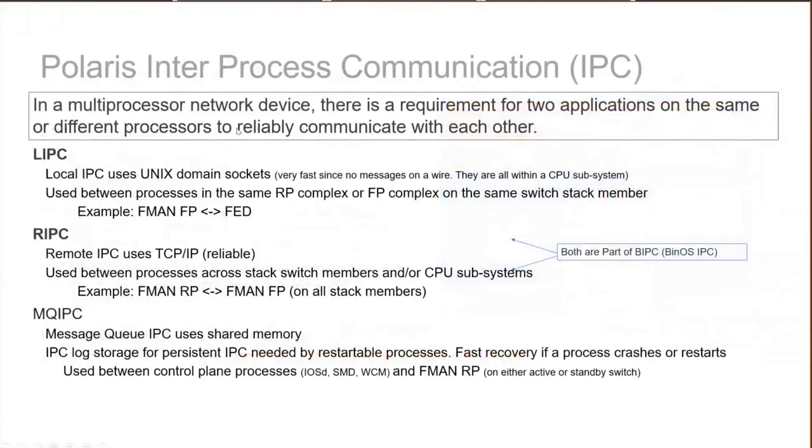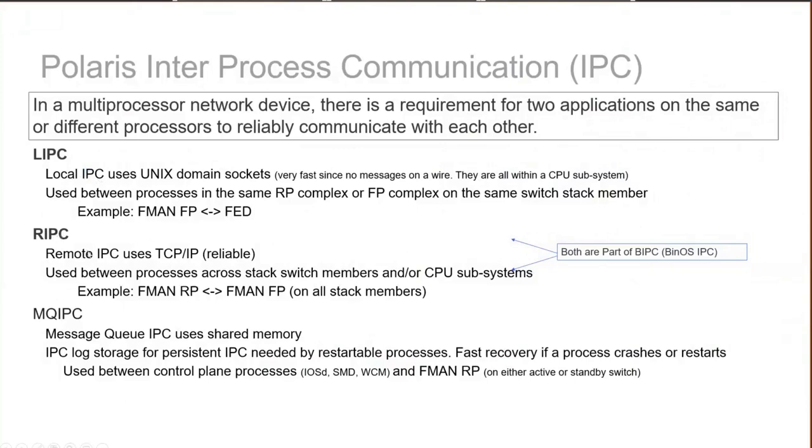So there is a need for inter-process communication to reliably communicate and make sure things are working fine. We have multiple sockets here. First is the local IPC, which is for communication between different processes in the same complex. All the processes within the RP or the processes within the FP can communicate with local inter-process communication.